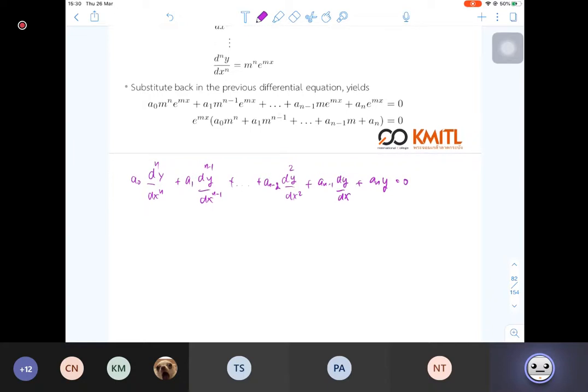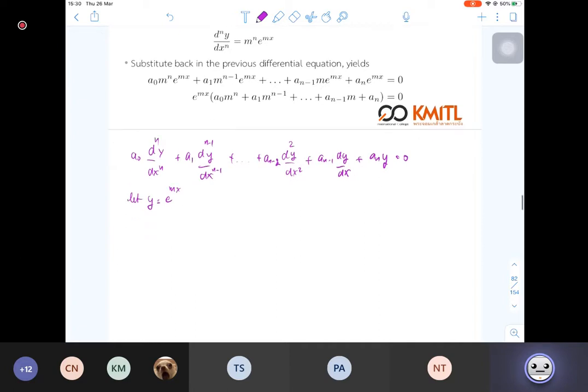And we say let y equal to e to the power of mx, right? So you take n derivatives of e to the power of mx. What you're going to have is m to the power of n times e to the power of mx, because every time you take the derivative you get an m, so n times gives m to the power of n.